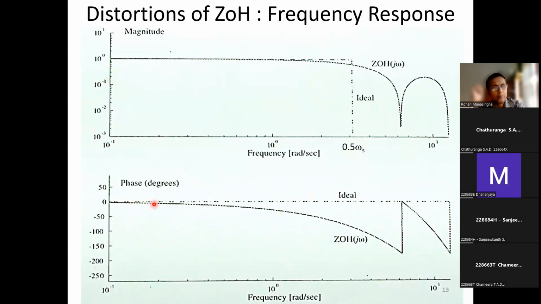What is that particular sampling frequency which will give me 10-degree phase loss, right, at that particular bandwidth frequency? You know your bandwidth frequency, right? What is the sampling rate that will give me 10-degree phase loss? If you said 0-degree phase loss, then you are in trouble. It will give you a very high sampling rate. That is totally unnecessary because you can accommodate some phase loss.